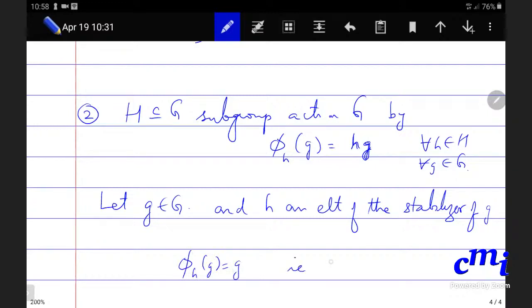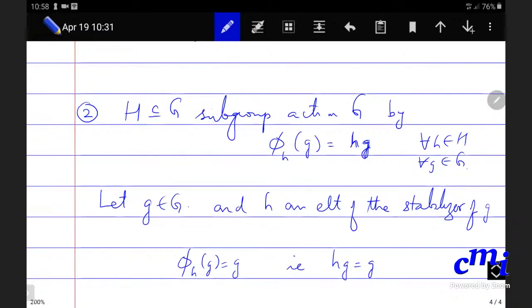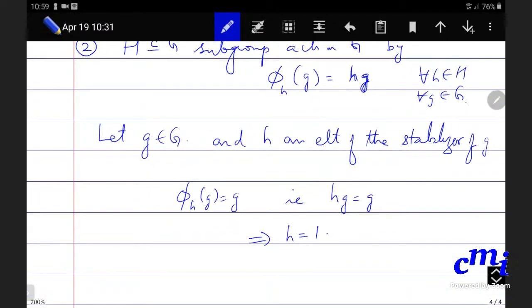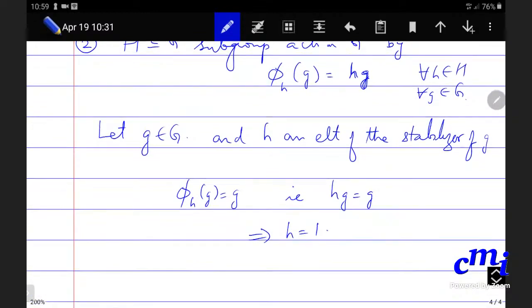That is Hg equals G, but now cancel G on both sides. Multiply by G inverse on the right side. This will give H equals the identity. And we already saw that it is a subgroup. So therefore the stabilizer of G is the singleton, the smallest possible subgroup, which contains the identity.